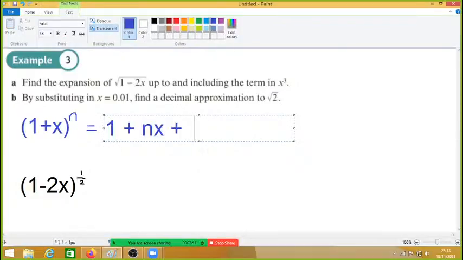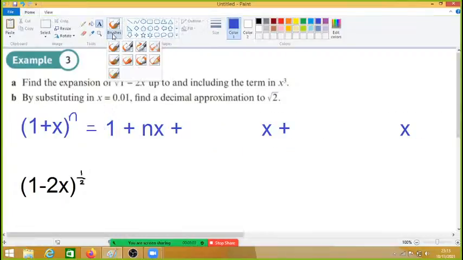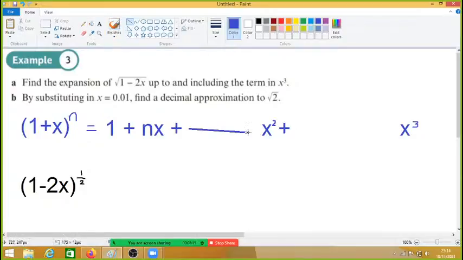And then comes the fraction bits with a power of x squared, plus another fraction bit with a power of x cubed. So you can try filling in those bits yourself. On the x squared, you'll have 2 factorial on the bottom. The x cubed will have 3 factorial on the bottom.